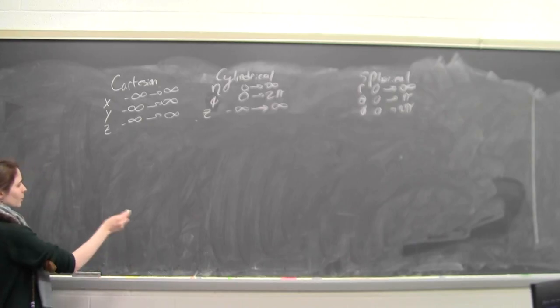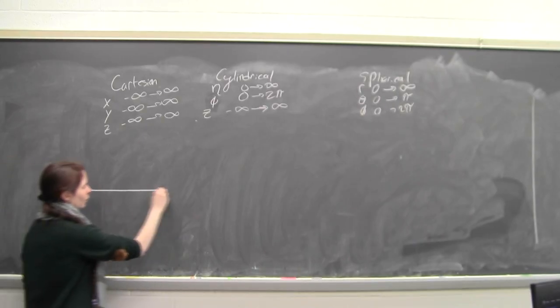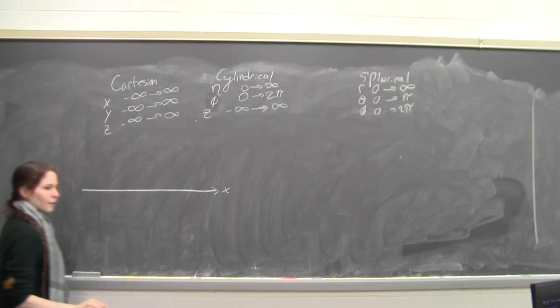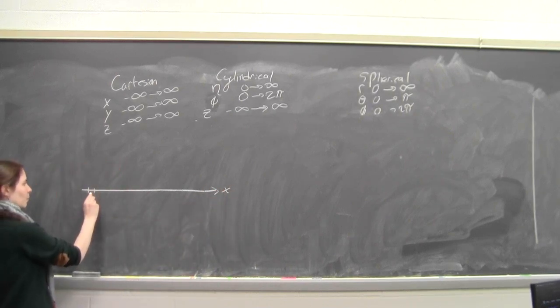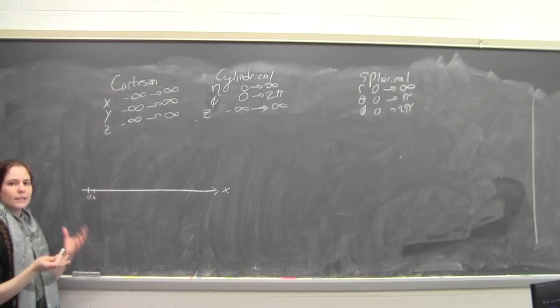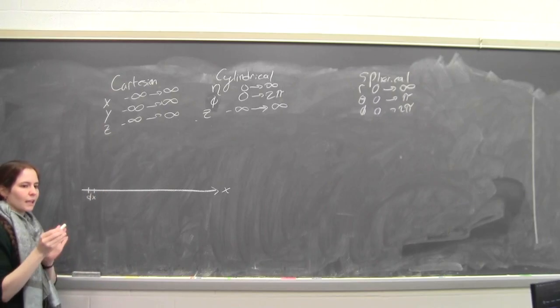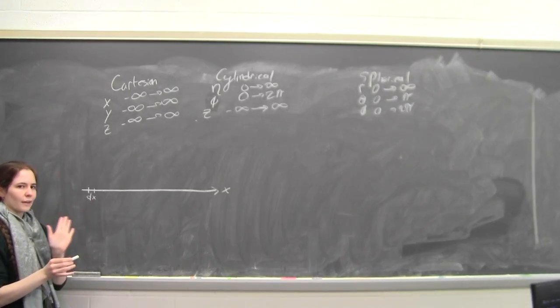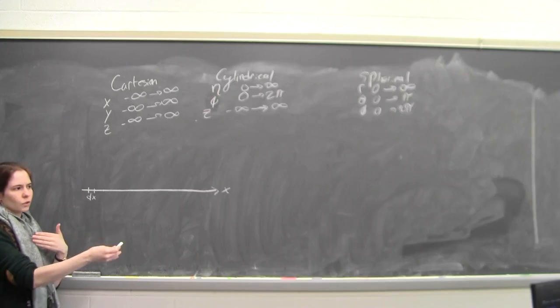For example, if I have a very long line along, let's say, the x-axis, then I could break up this line into a bunch of little chunks, each of which has a length dx. We use this d to indicate a very small amount along that direction or along that coordinate.